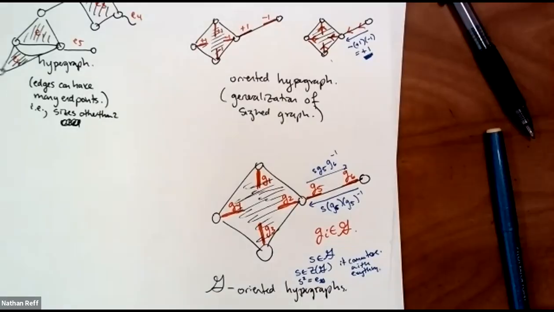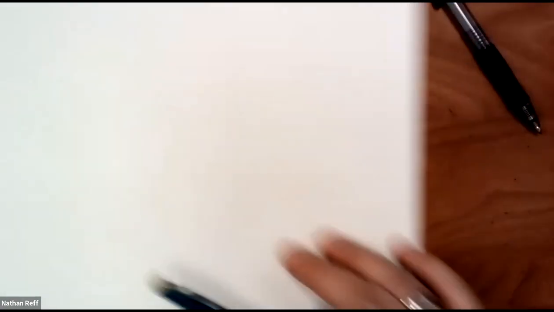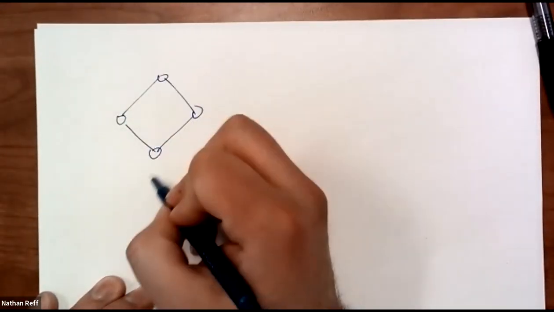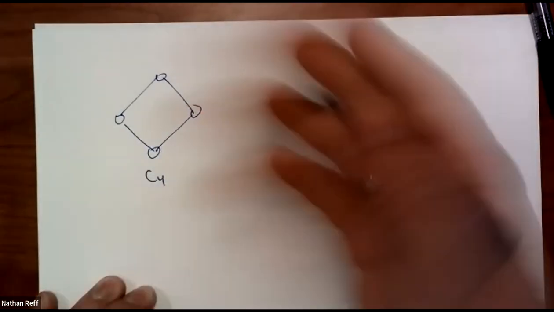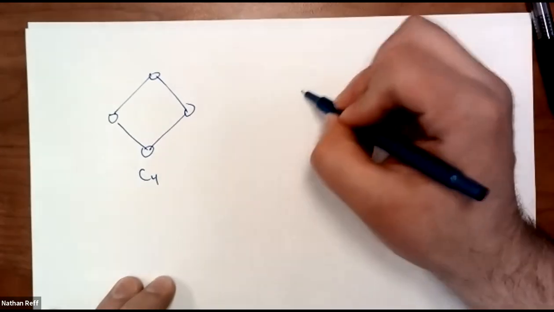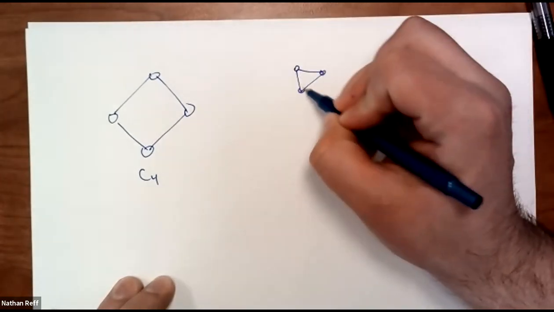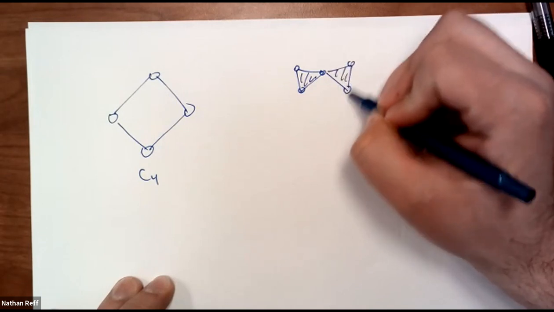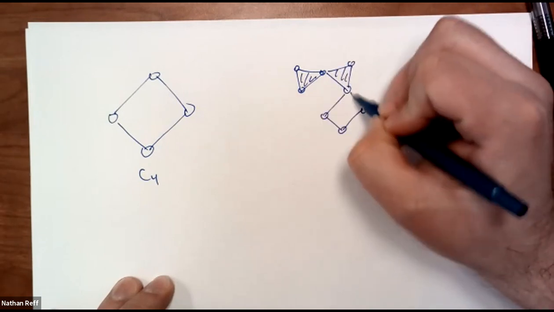Let me just go back to a picture world where we're still awake, right? Okay, everyone agree that this is a cycle, right? So here's C4. If you try to generalize that to a hypergraph, there's too much flexibility there, right? Because I could have a triangle, okay? And then I could have, I don't know, another triangle. I could have a square.